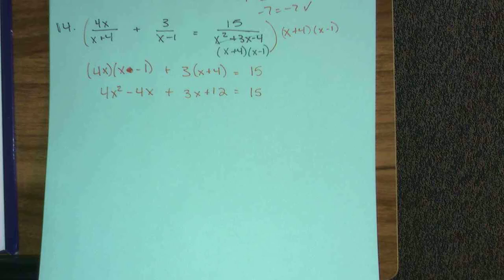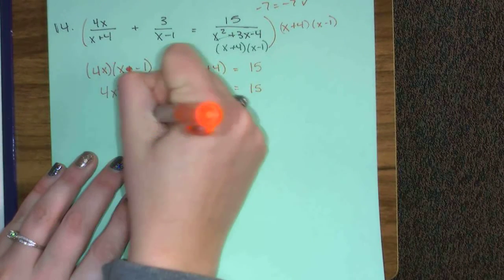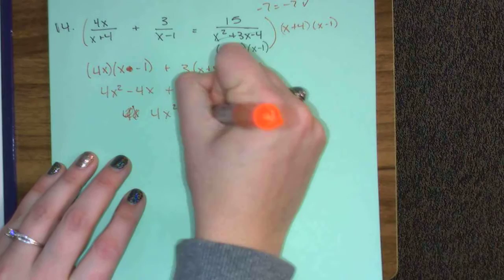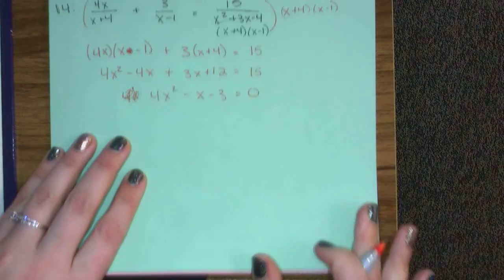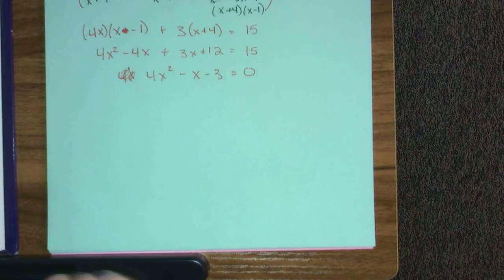Okay, and then you'll want to simplify everything so you can move that 15 over, and then simplify everything all in one step if you want. So this would be 4x squared minus x minus 3 is equal to 0, and then I need to factor, if possible.